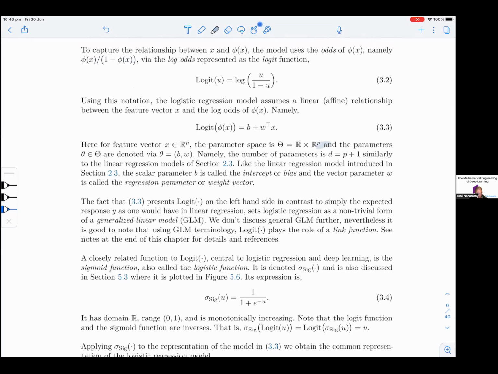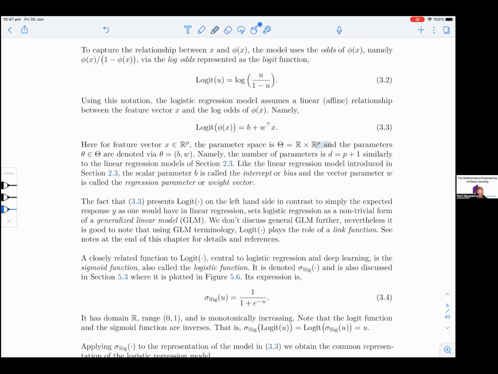Namely, the number of parameters is d equals p plus 1, similarly to the linear regression models of section 2.3. Like the linear regression model introduced in section 2.3, the scalar parameter b is called the intercept or bias, and the vector parameter w is called the regression parameter or weight vector.